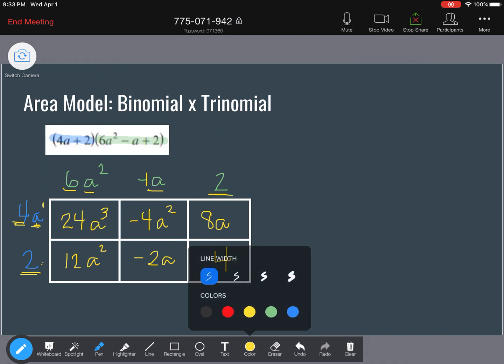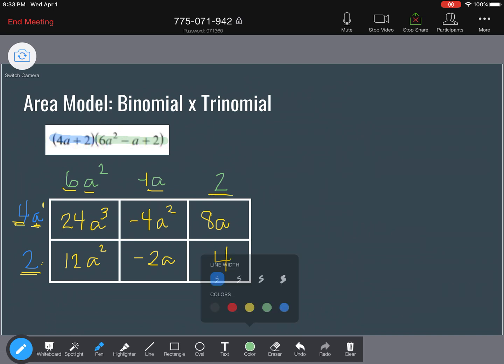Okay? Now we're going to go through, and we could combine like terms now. We could also write it all out. It doesn't really matter which way we do it.